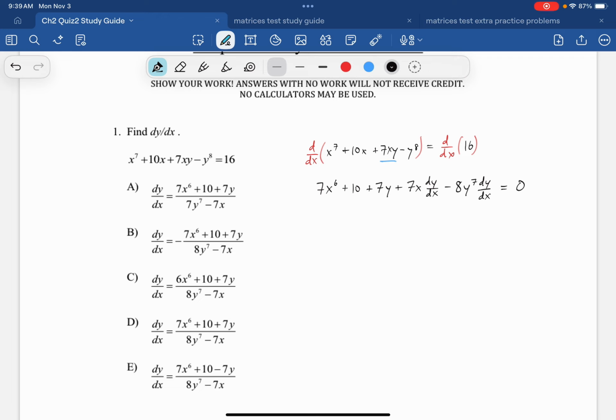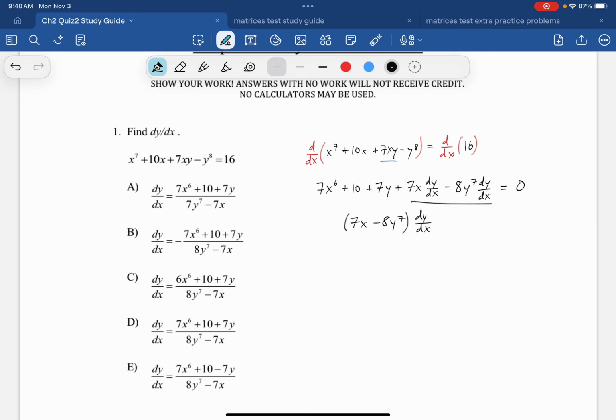Okay, so I'm still looking for dy dx, which means that I have to isolate it somehow. So what I'm going to do is factor all the terms that contain dy dx, and then move all the other terms to the right side. So that leaves me with 7x minus 8 times y to the power of 7 times dy dx.